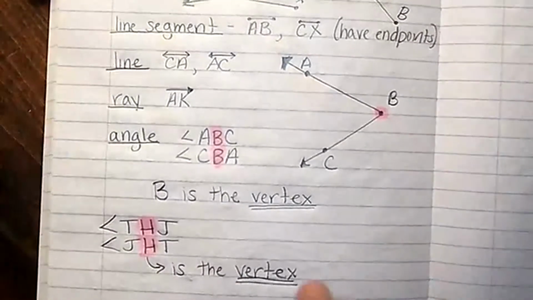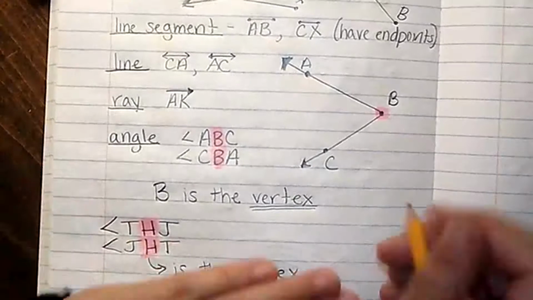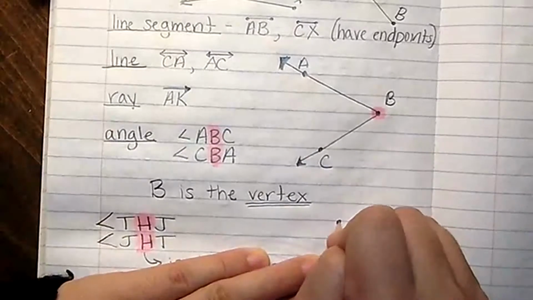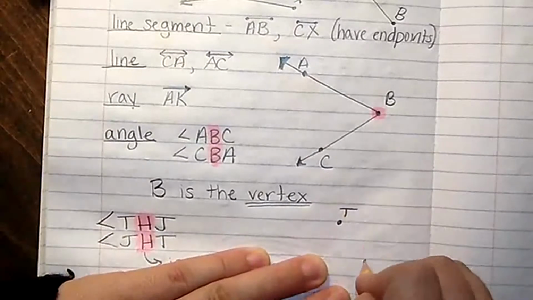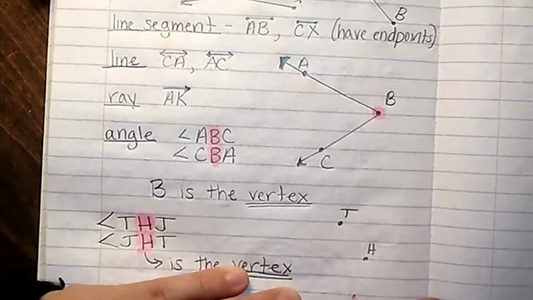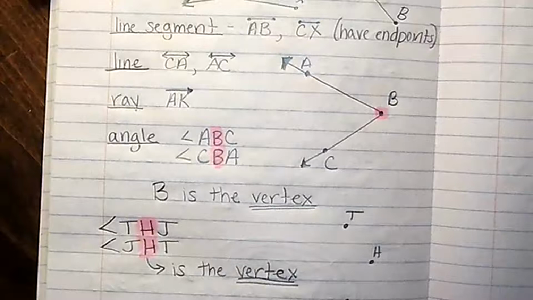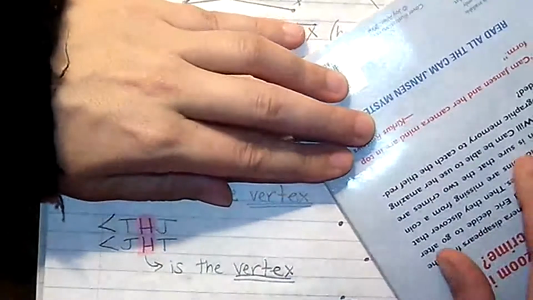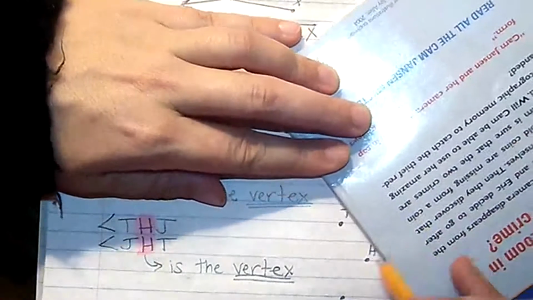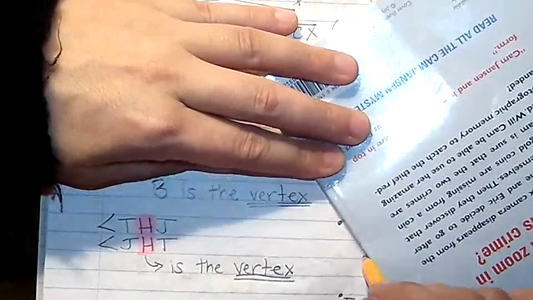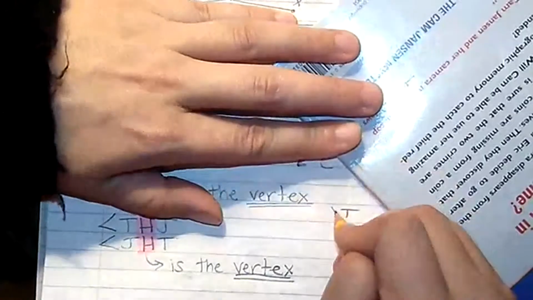So if I wanted to draw THJ, I would come over here and I would make a T. I could make an H and I could make a J. And I know that I have to touch in that order. So I'm using my straight edge. Remember, we're not making this up. H is our vertex, so they both have to come out of the H and point away from it.